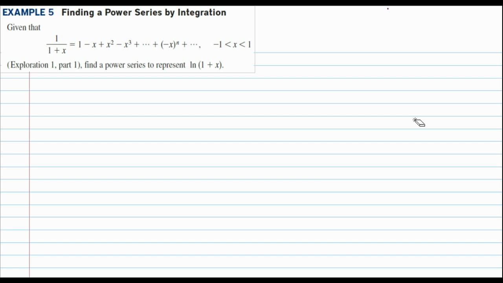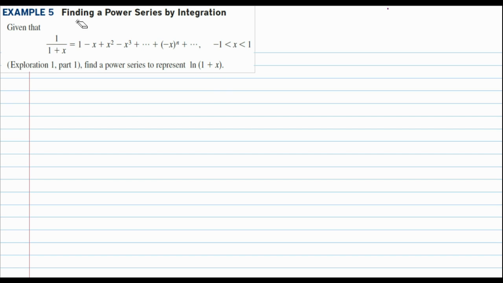So here in example 5, we're going to find the power series by integration. Given that 1 over 1 plus x has the following power series, which you saw in Exploration 1, Part 1: find a power series to represent the natural log of 1 plus x.